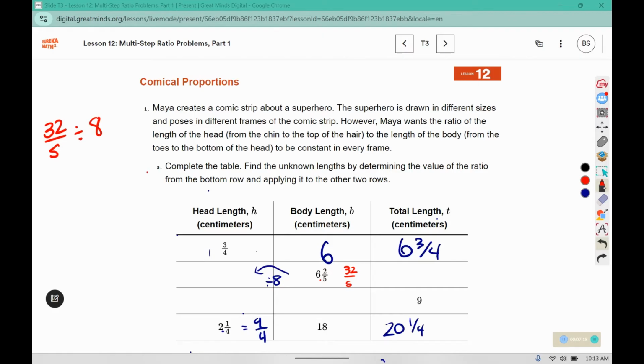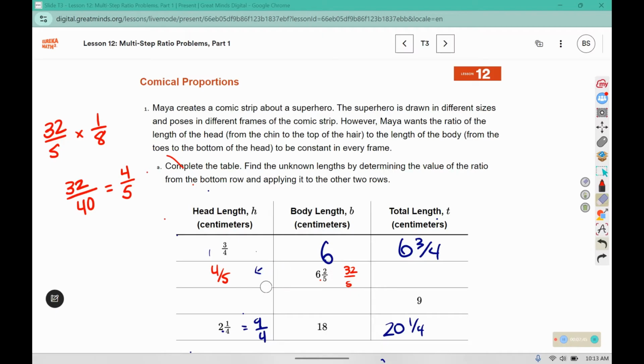We can change this to multiplication by flipping that fraction over. 32 times 1 is 32, and 5 times 8 is 40, which can be reduced because 8 fits into both of them. 8 times 4 is 32, and 8 times 5 is 40.